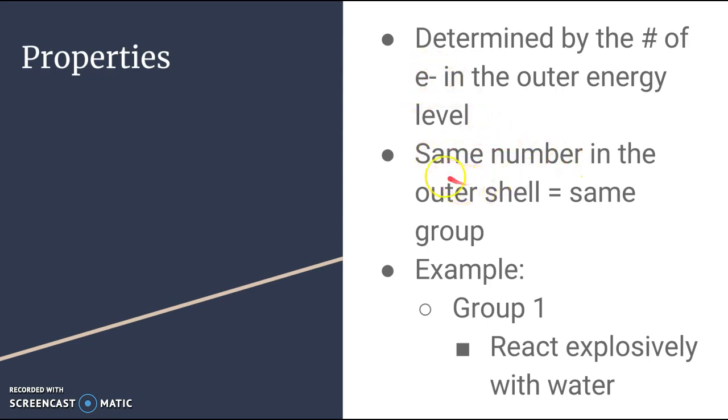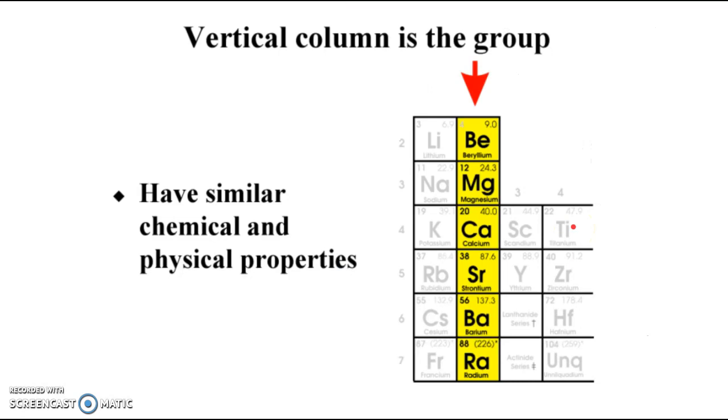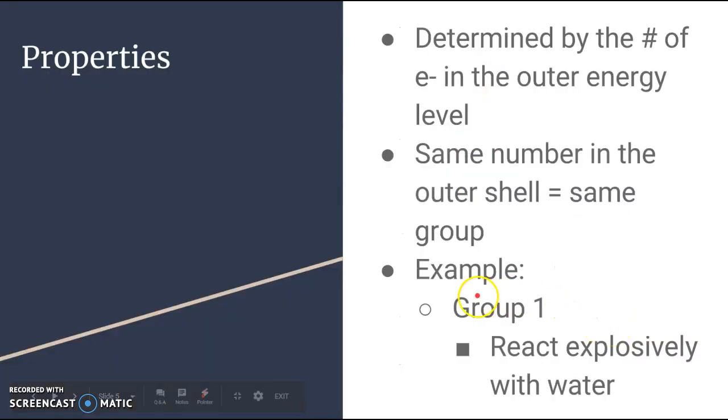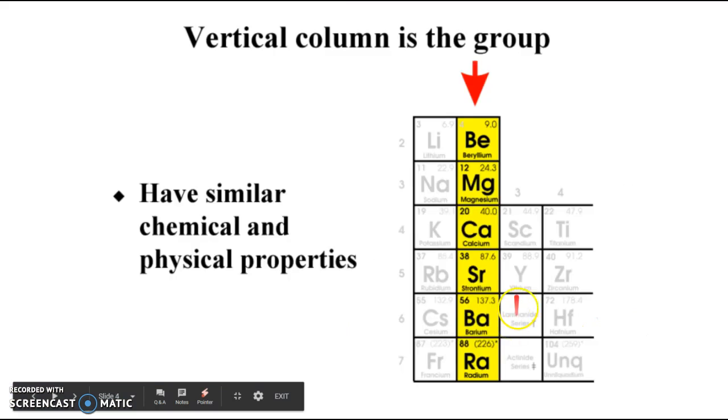So when we have elements with the same number of electrons in the outer shell, that means they're in the same group or family. If you look back here, these all have the same number of valence electrons. They all have 2.